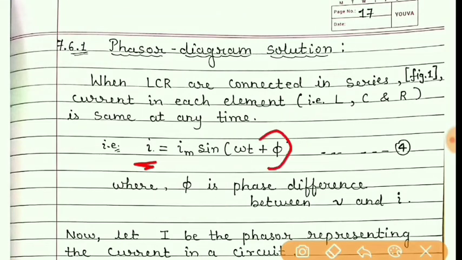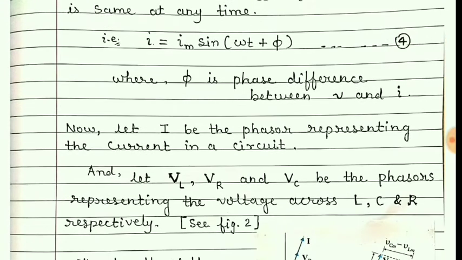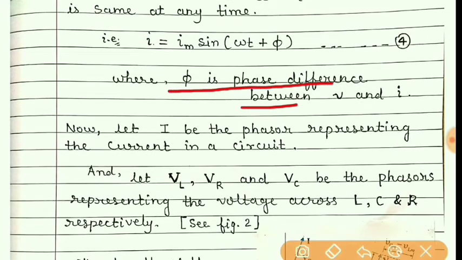So this is the phase angle or phase difference between V and i. So now, considering this as the equation of the current, where phi is the phase difference between V and i.